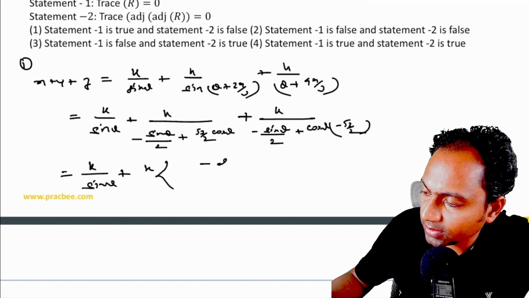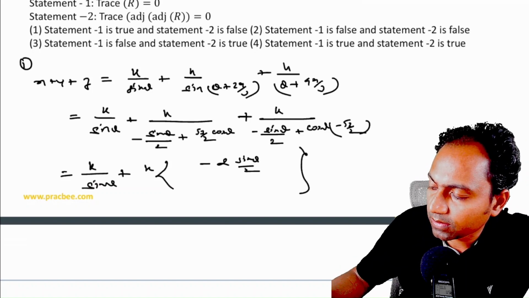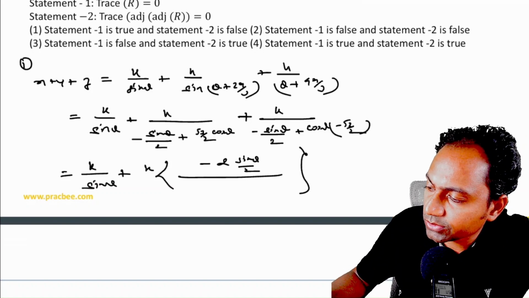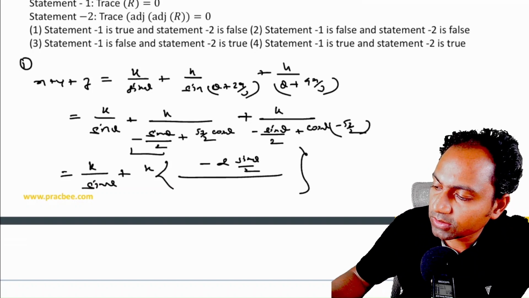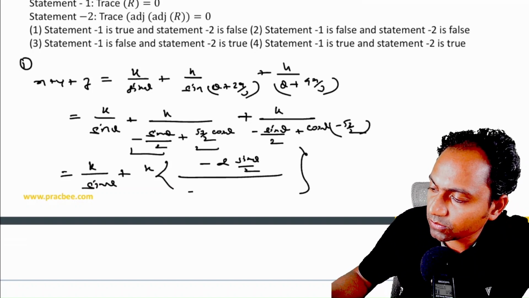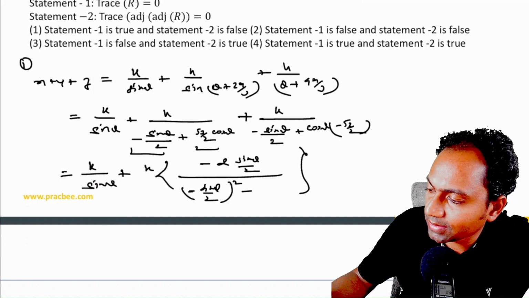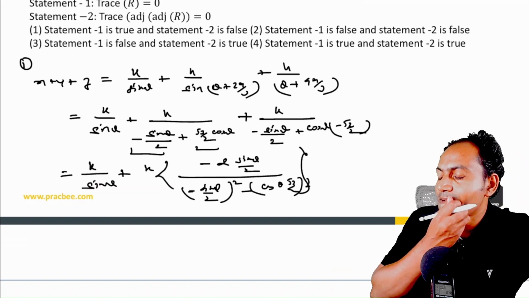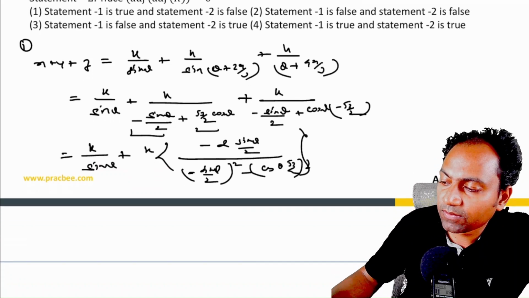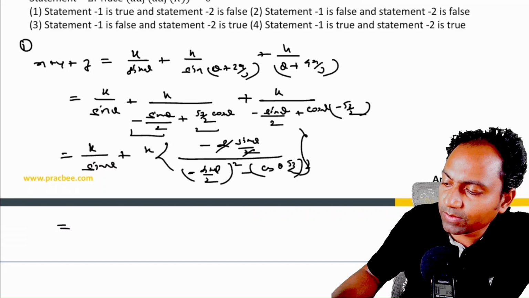This will become minus 2 sine theta by 2, divided by, this is positive, then this is negative. So minus sine theta by 2 whole square minus cos theta into root 3 by 2 whole square. And once you have written this, you will realize that even if I take LCM, this will never be equal to 0.